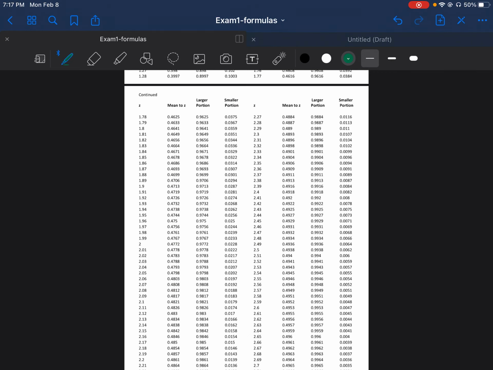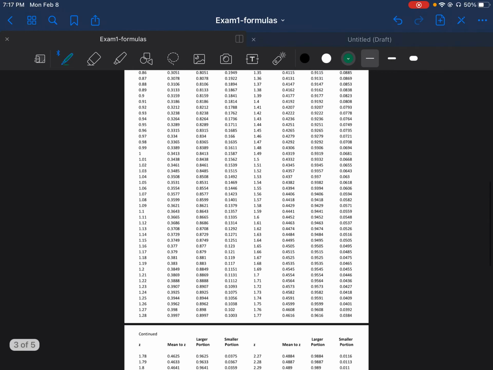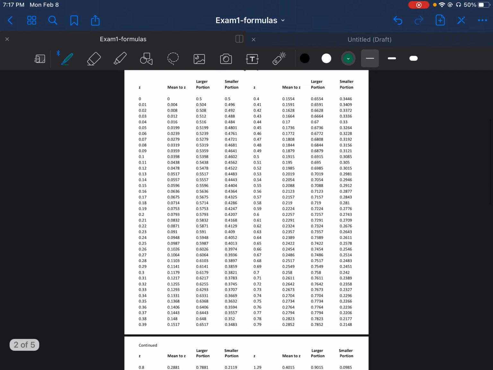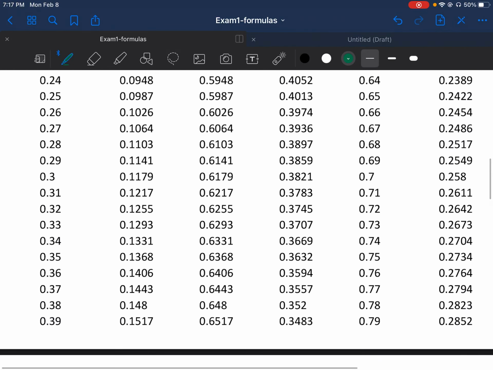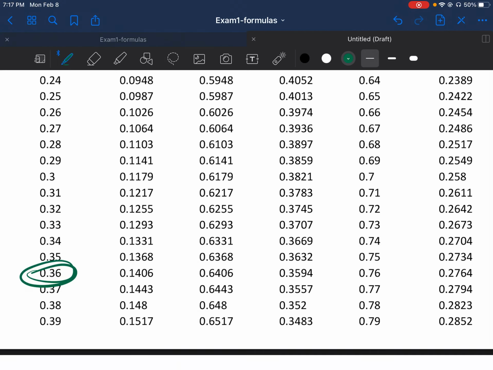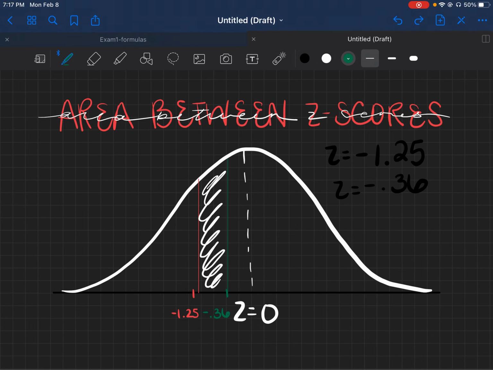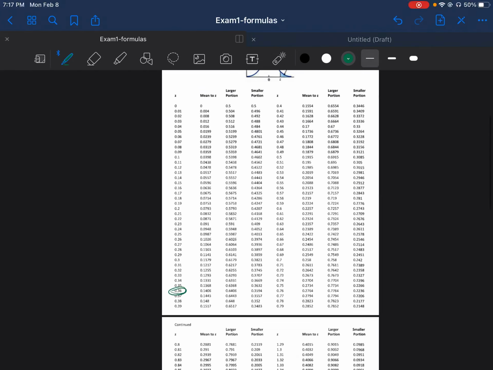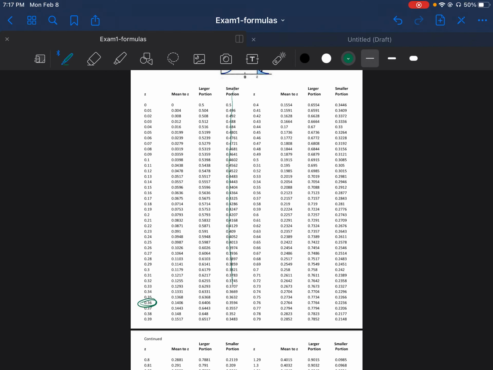So, let me go over here and find 0.36 on my z-table. Okay, here it is. Remember, I said we're looking in the tail because it's the smaller portion of this graph as a whole. So the tail is the smaller portion.